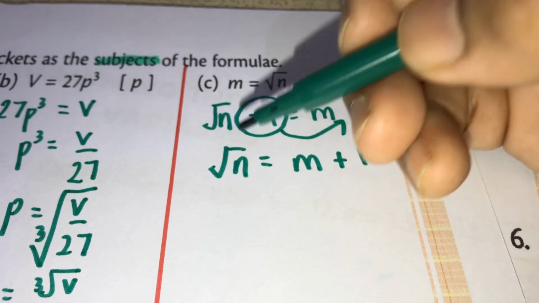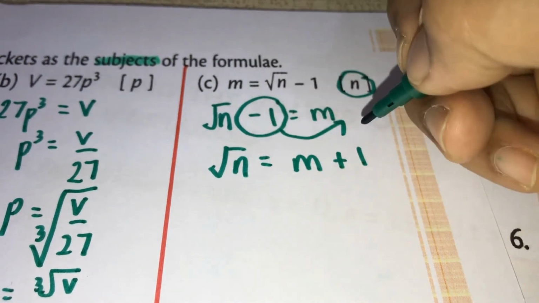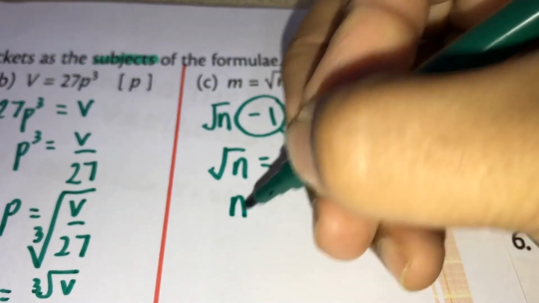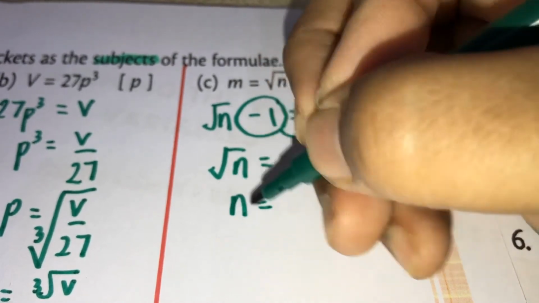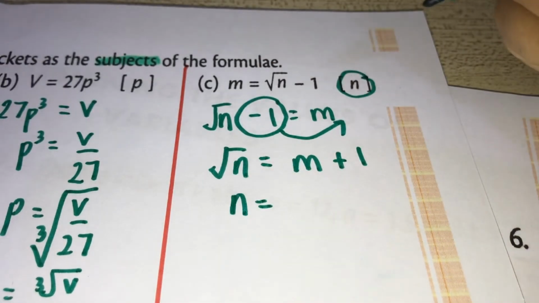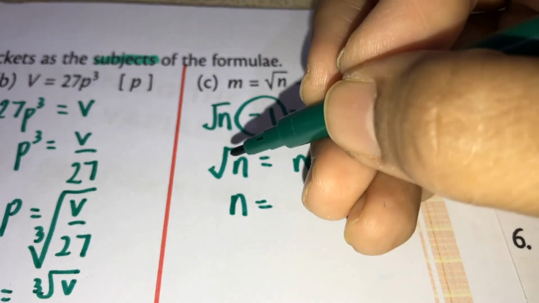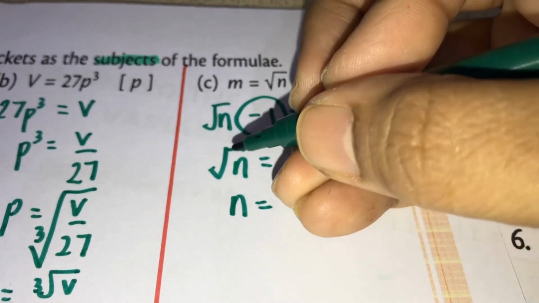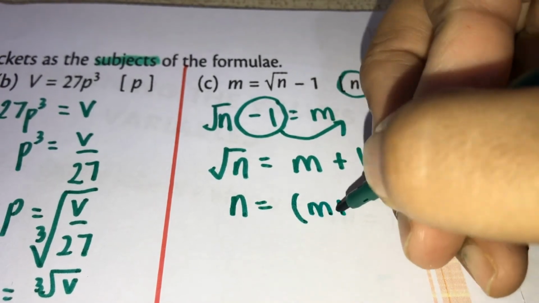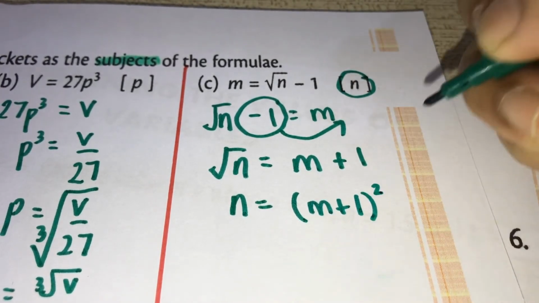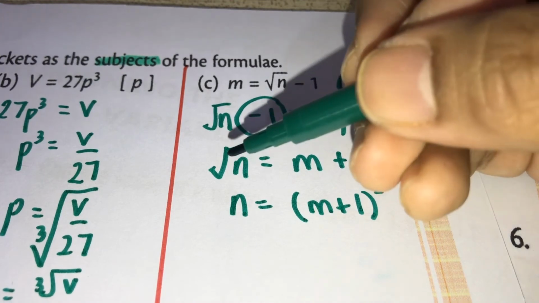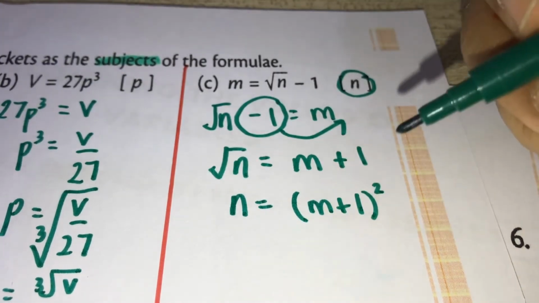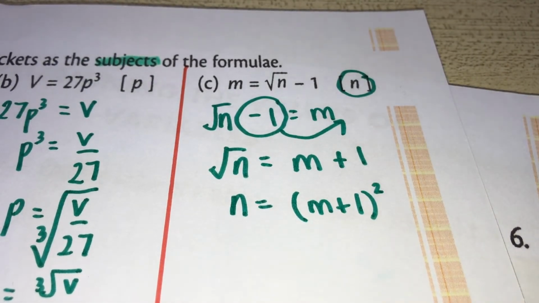You must move the square root to the right to make n alone, because the subject formula must be alone with coefficient of 1. If square root moves to the right, it becomes square. If square becomes square root, if square root becomes square. So this one is your final answer.